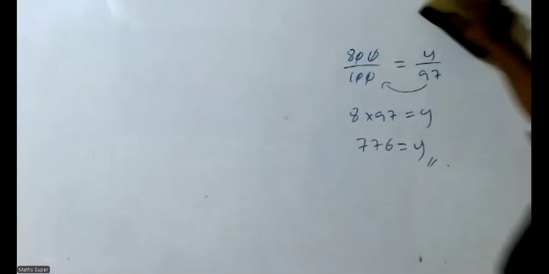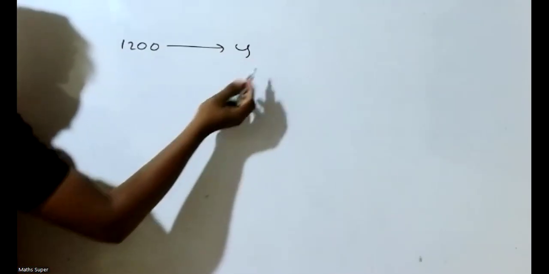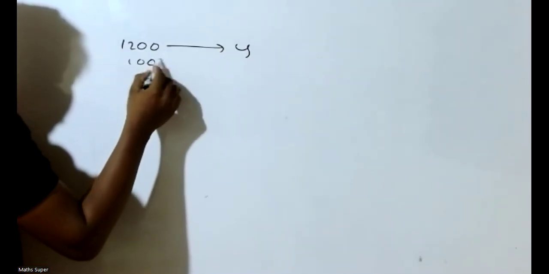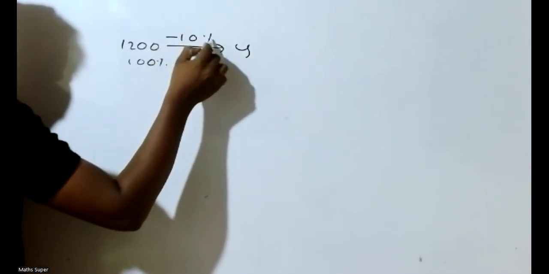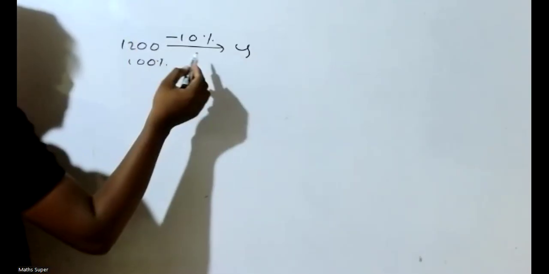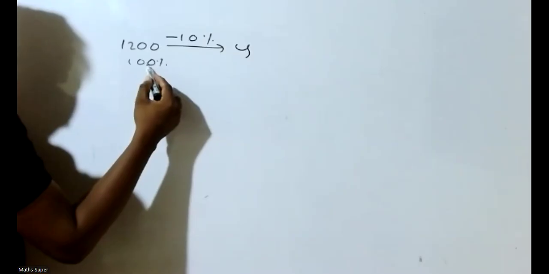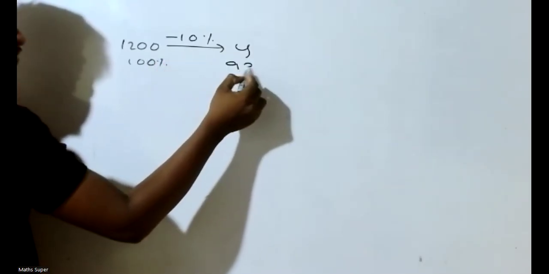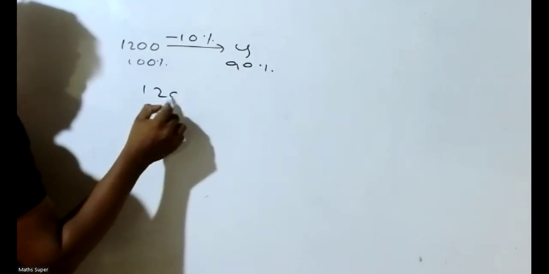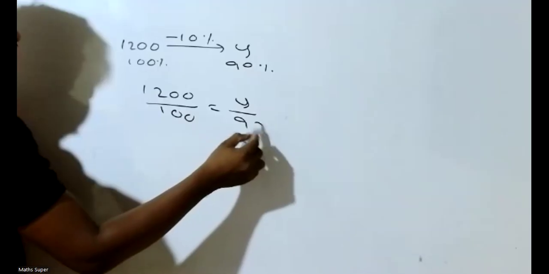So the answer here was, 1200. We don't know the selling price. We can consider that one as y. So this is 100%. So 10% loss. Because loss means discount, you can think about the vendor side, that is a loss for you. So 100 minus 10 means it's 90%. So what to do? 1200 divided by 100 equals y divided by 90.